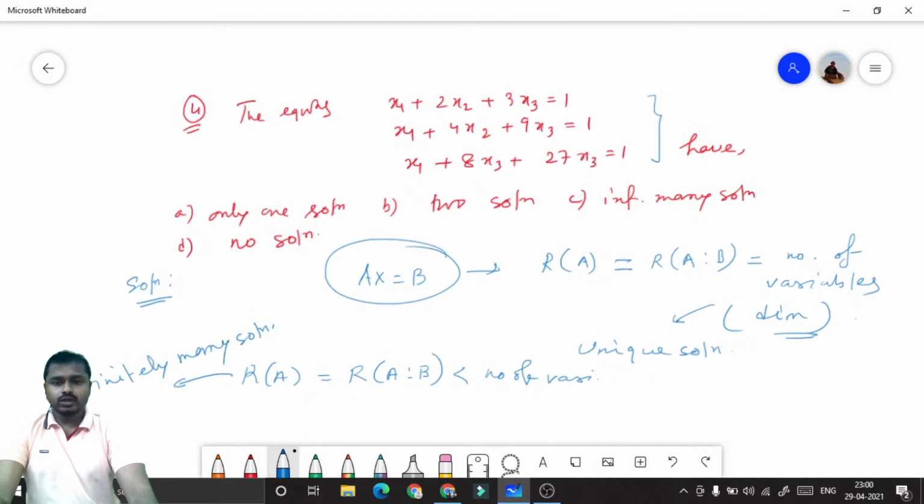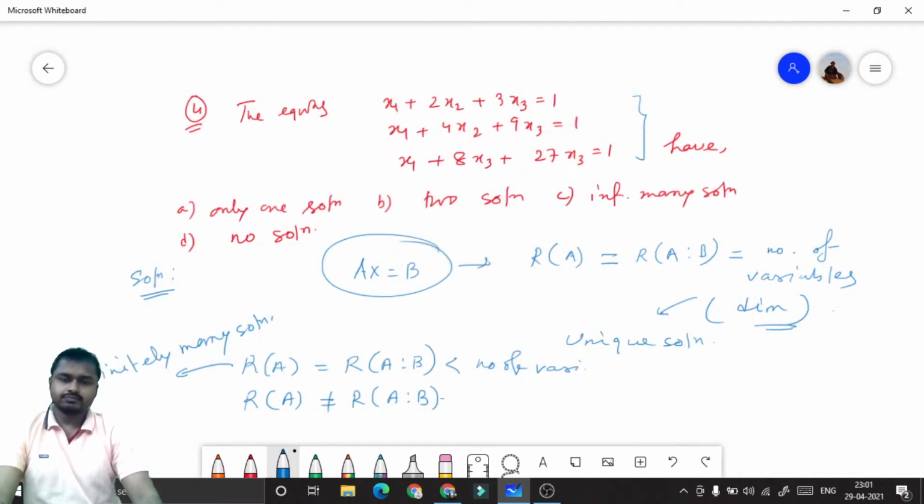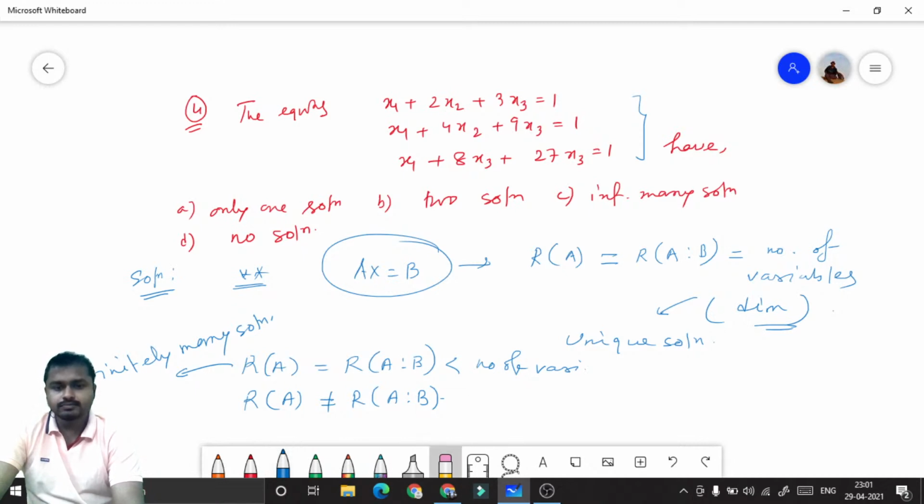And for the case of no solution, the rank of A is not equal to the rank of A augmented B. This is the case. If you know these results, this question will take hardly 2 minutes to solve. So let's get started with the solution.